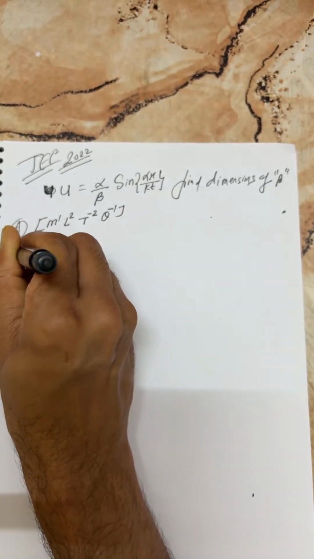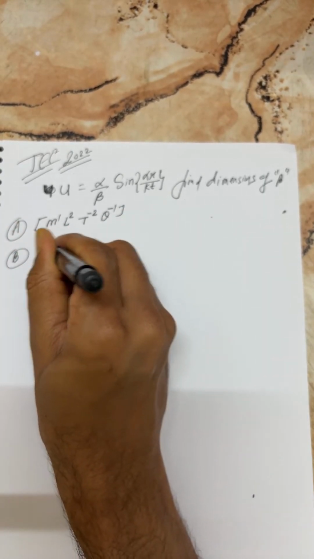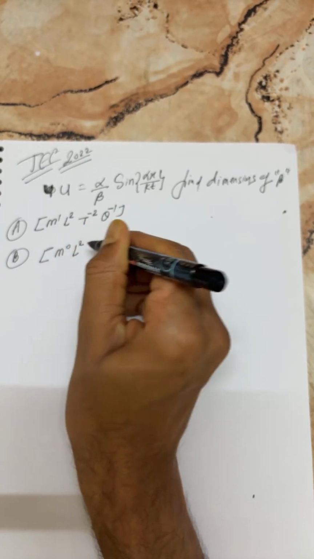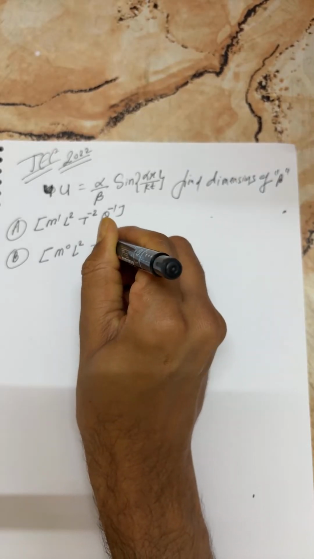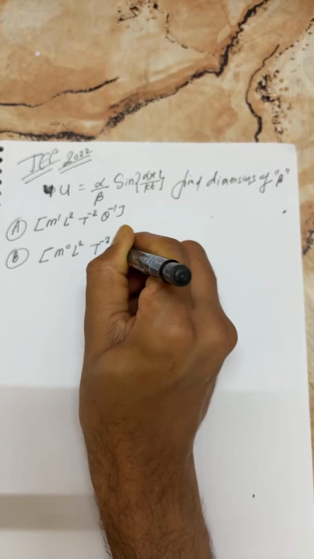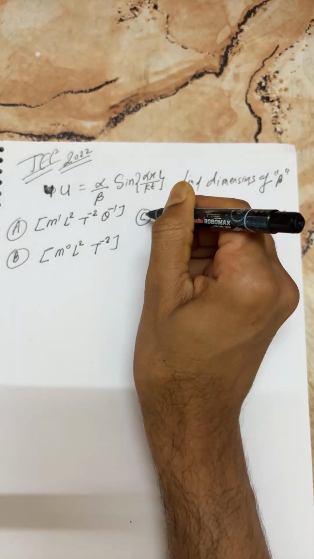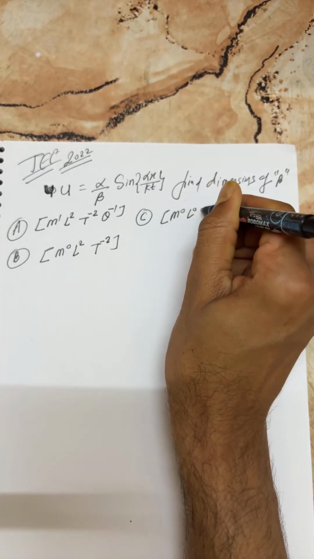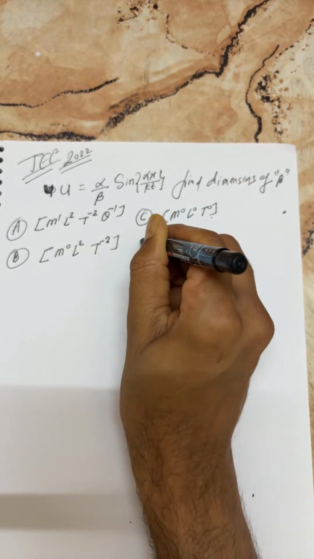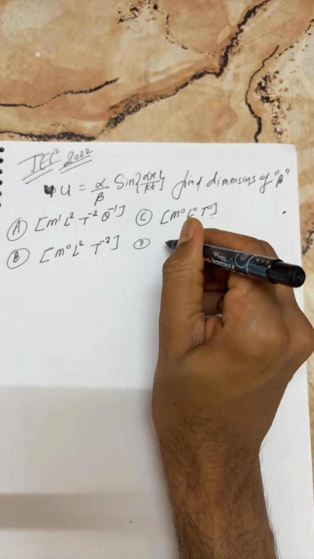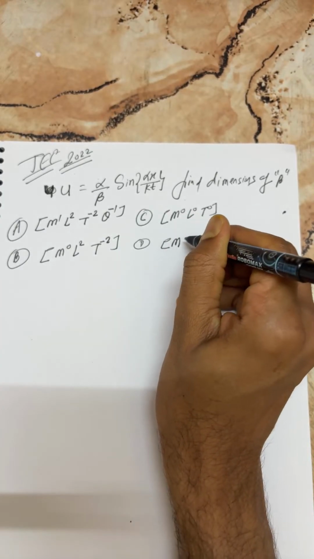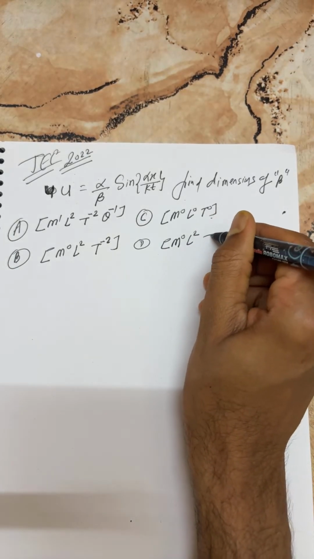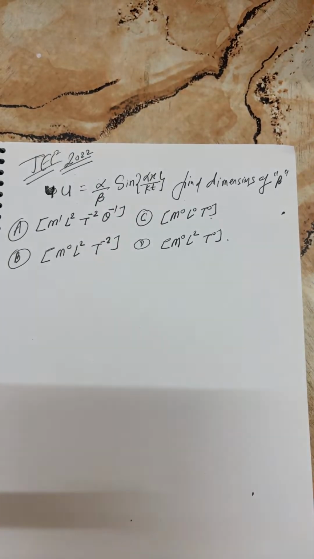Option 2 is beta M to the power 0, L to the power 2, T to the power minus 2. Option 3 is M to the power 0, L to the power 0, T to the power 0. Option 4 is M to the power 0, L to the power 2, T to the power 0. But this is the question here.